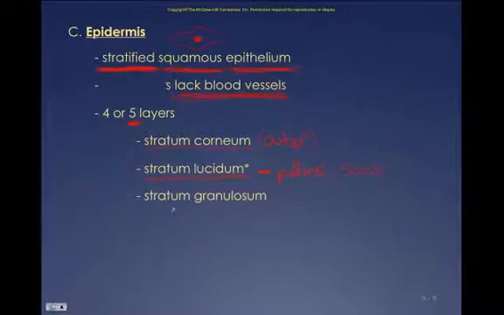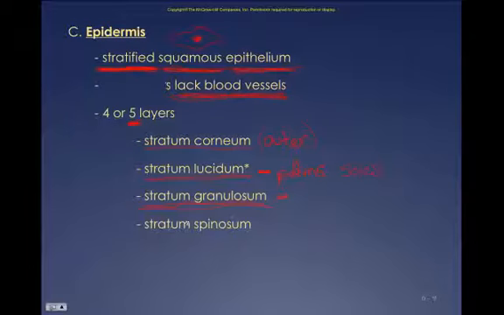Below that layer is the layer called the stratum granulosum, and you're going to see this in the picture in just a minute. And the reason we call it the stratum granulosum is that it's a granular layer, okay? And this is the layer in which your epithelial cells, okay, are actually producing lots of keratin. And that keratin looks very granular early on, and so it makes these cells look granular.